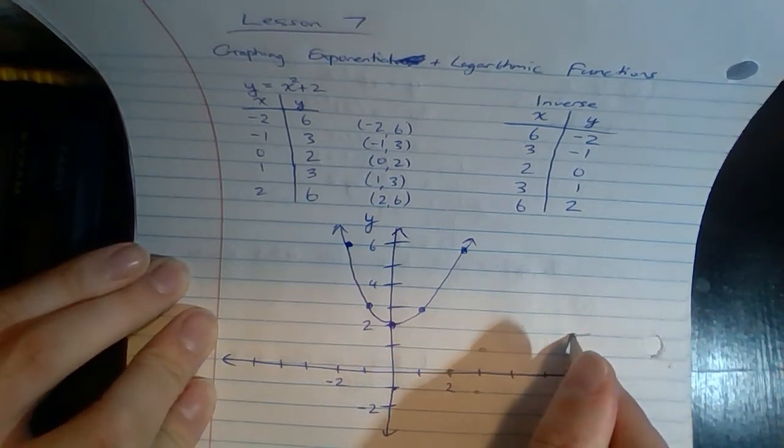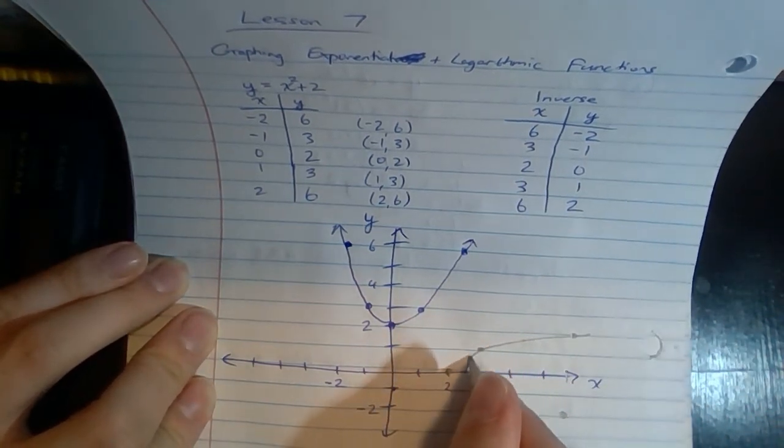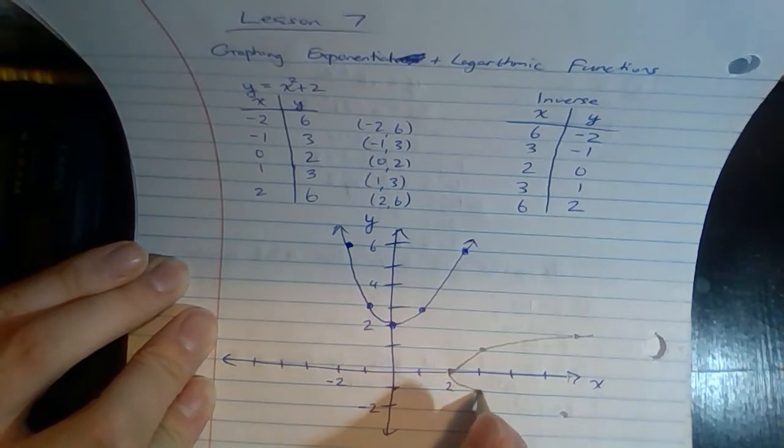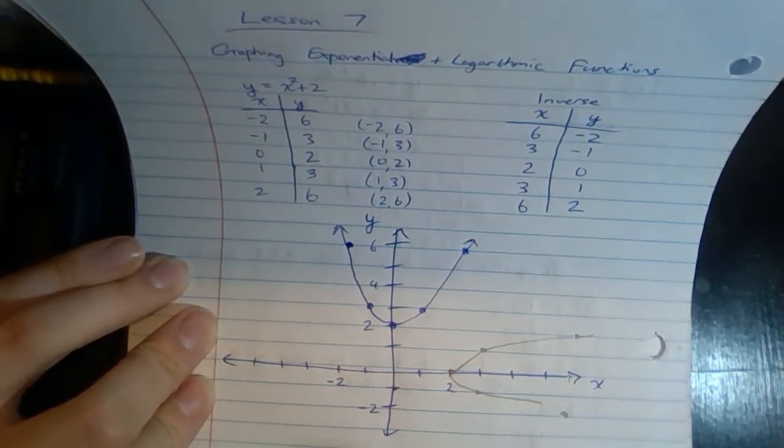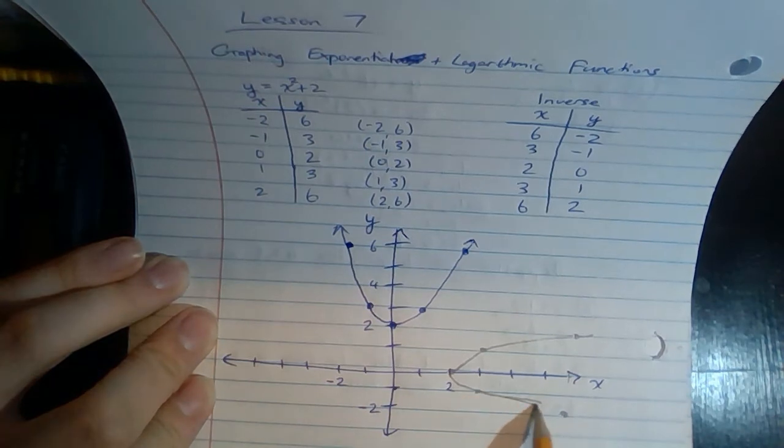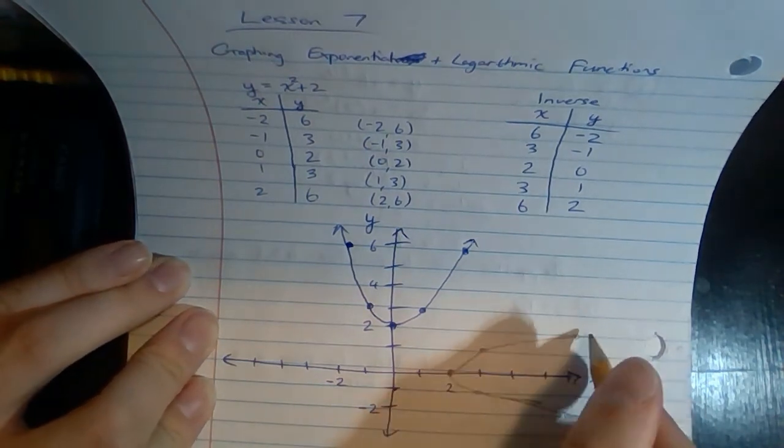We get a parabola, or a parabola-like shape, opening to the right. Like this.